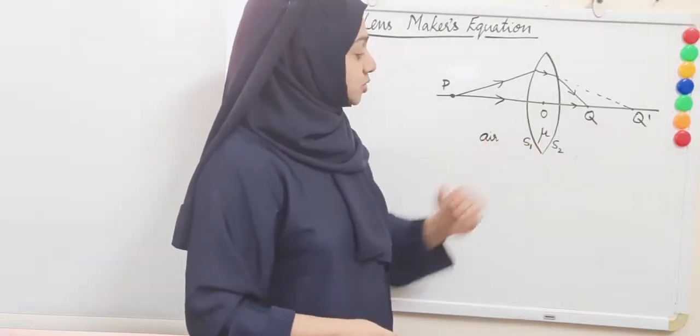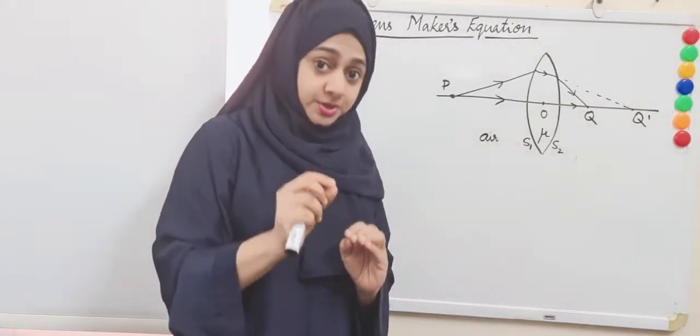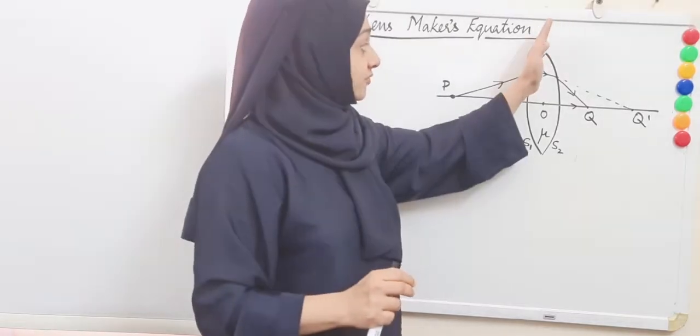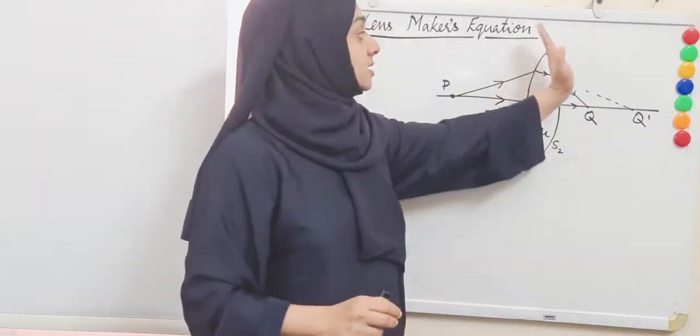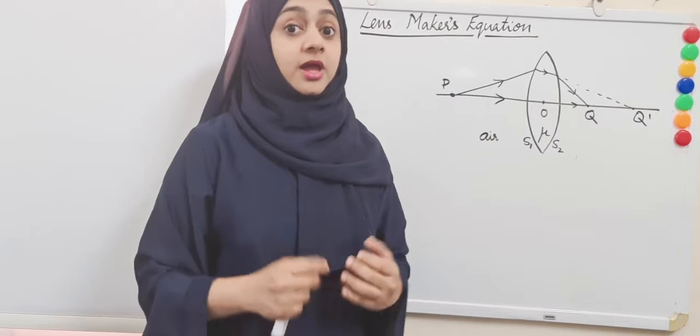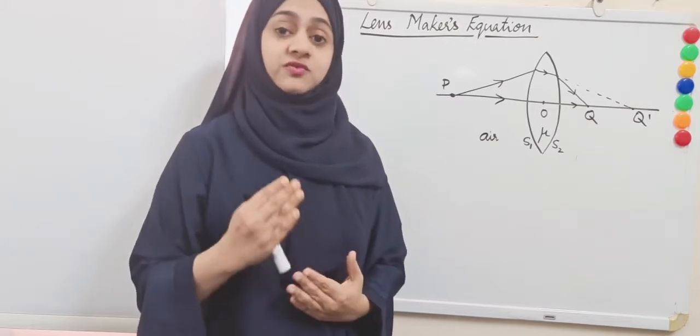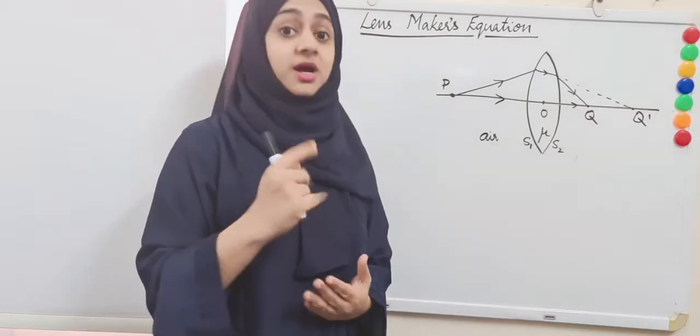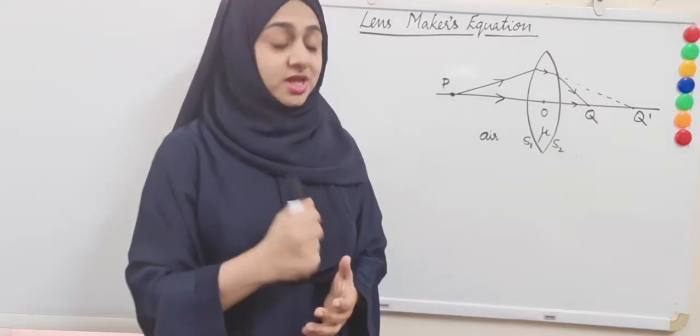What we are going to do now is take separately the refraction at S1 and the refraction at S2 and use the equation for refraction of light by a spherical surface. We derived that in the last class.